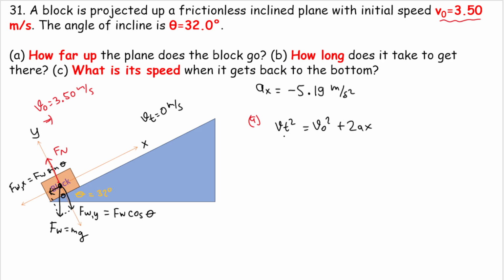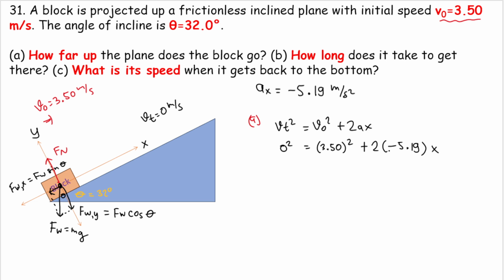So we have 0, and then V0 is 3.50, squared, plus 2 times the acceleration, minus 5.19, and x is the unknown.